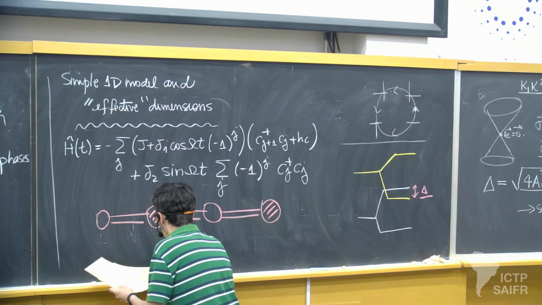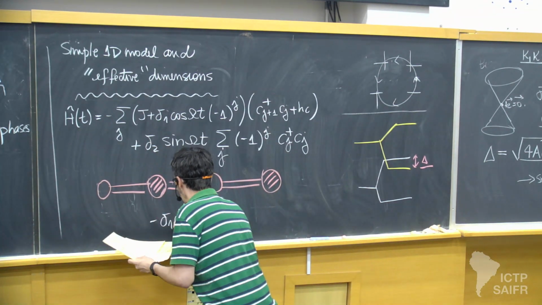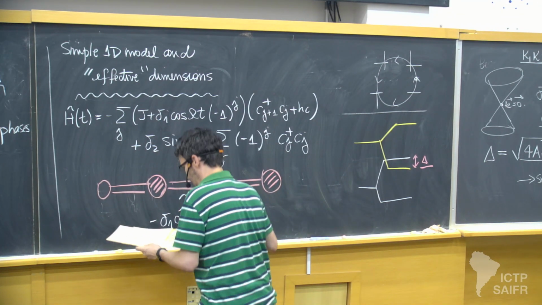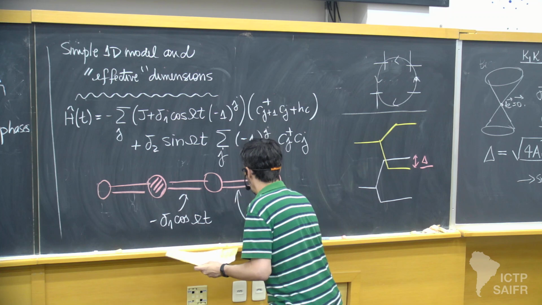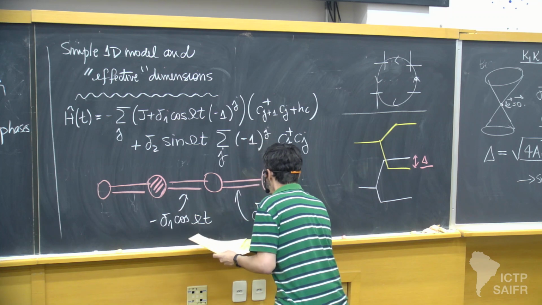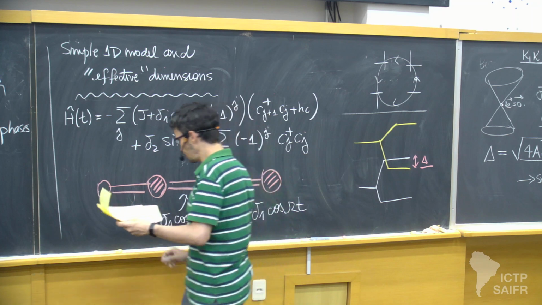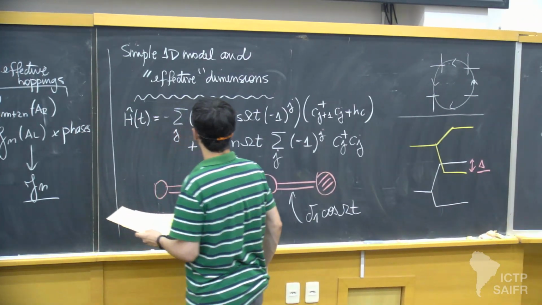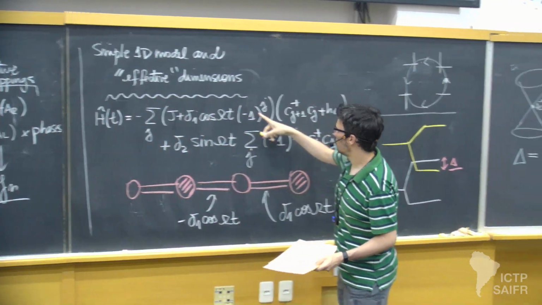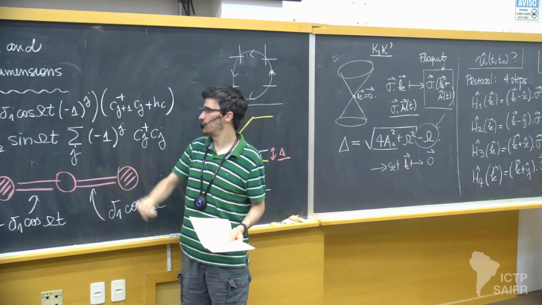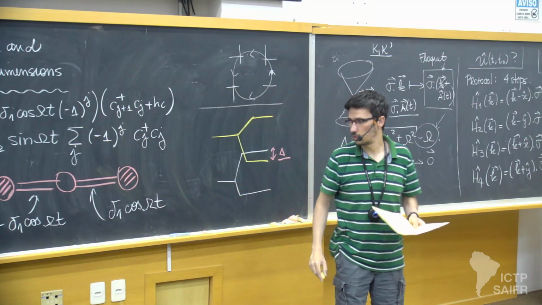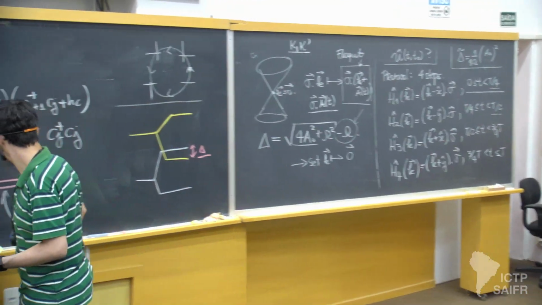So this one is going to be delta 1 minus delta 1 cosine of omega t. And this is going to be delta 1 cosine of omega t. These are hopping terms. So the only thing that matters is if j is even or odd. Okay, so it's like this.